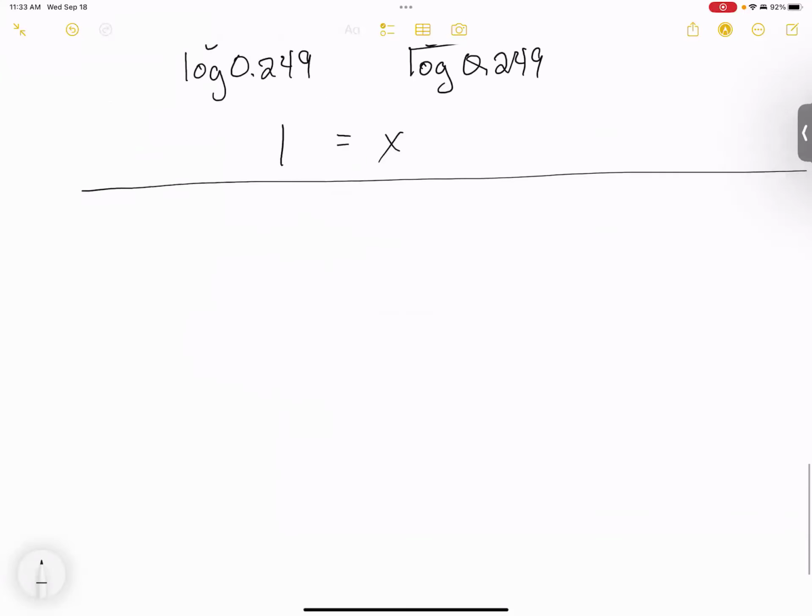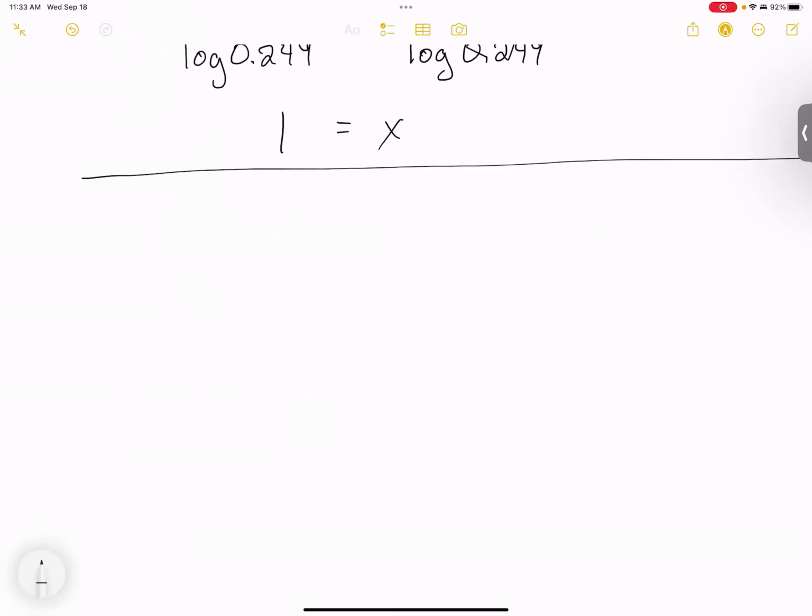Let me give you one to work on. Okay, so we're going to do the reaction of 2H2 gas reacts with 2NO gas to form 2H2O gas plus N2 gas.